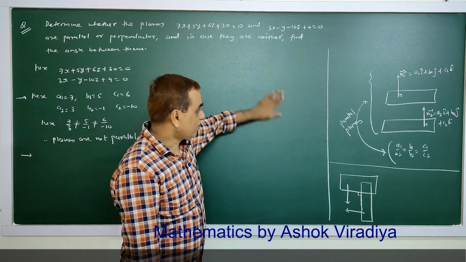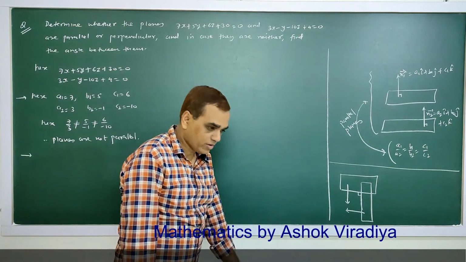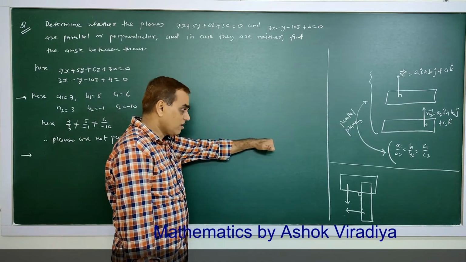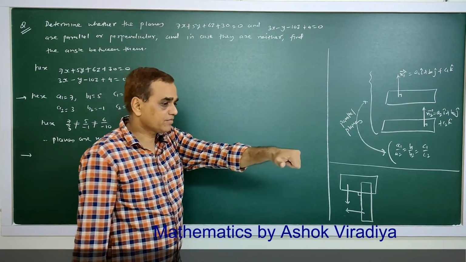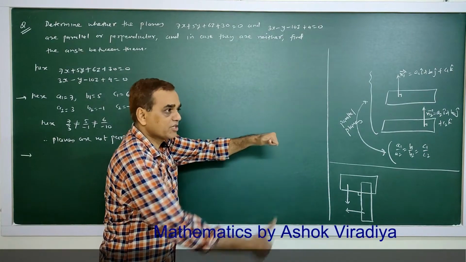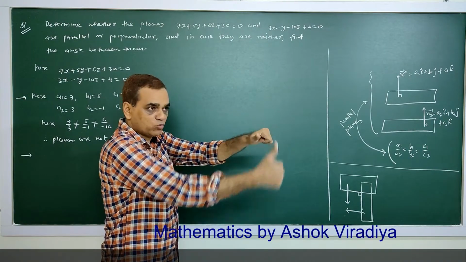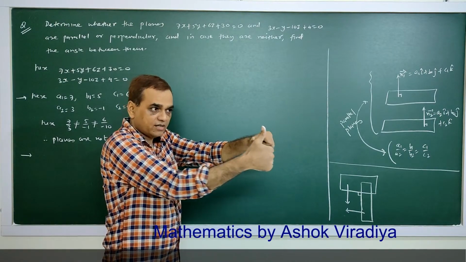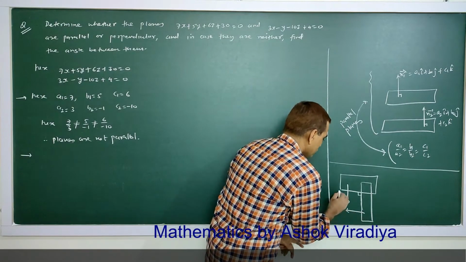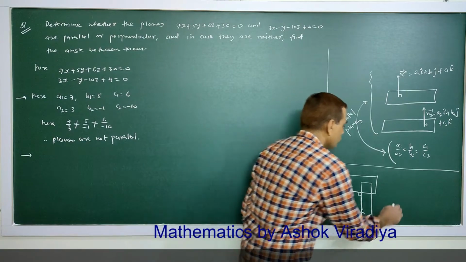Say here this wall and this flooring are perpendicular. So normal to this wall is in this direction, and normal to the flooring is in this direction. So say this is n1 and this is n2. So they are perpendicular, so the dot product is 0.